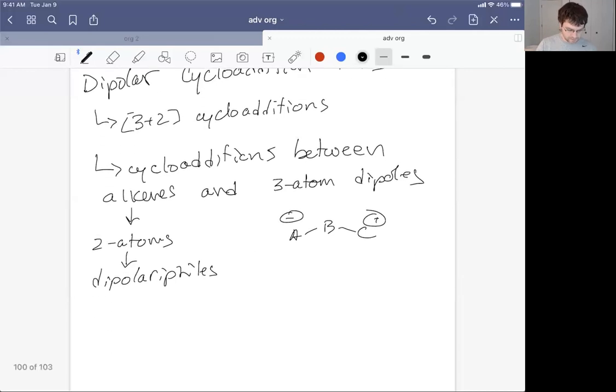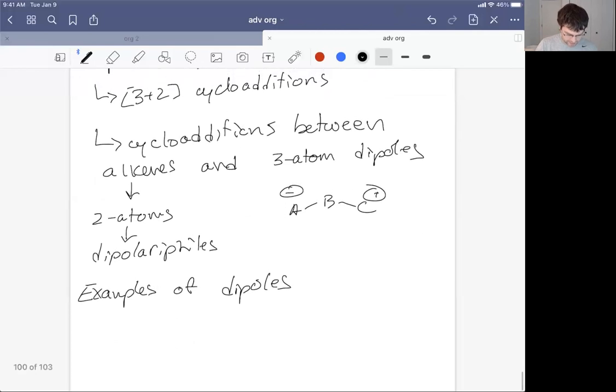So let's look at some examples of dipoles. We could have azides. So azides, which I write as RN3, these are actually in a Lewis formalism considered to look like this.